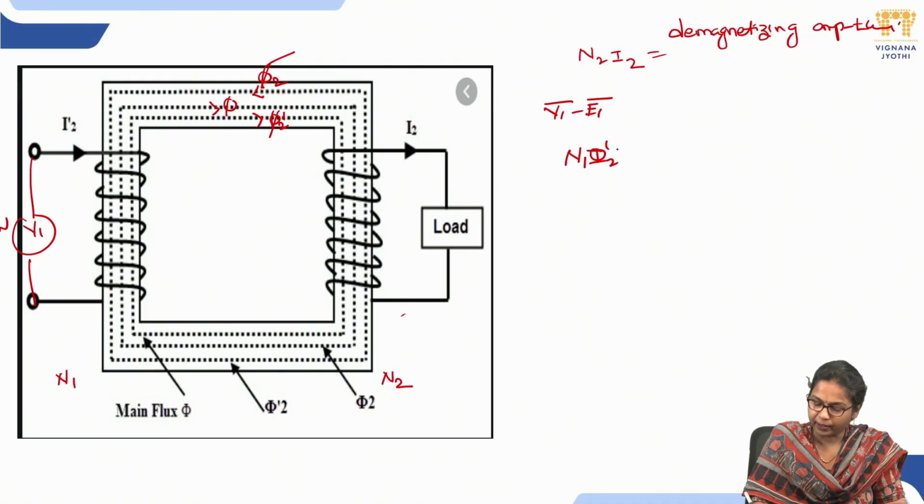I2 dash gets neutralized with N2 I2, and by using this, N2 by N1 into I2, where N2 by N1 is K, gives K times I2.